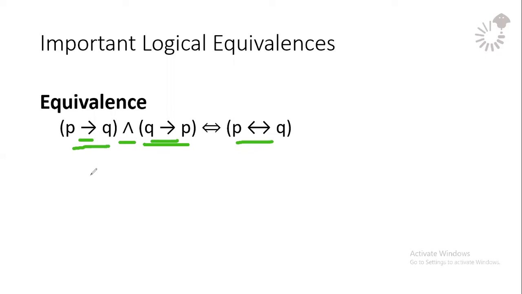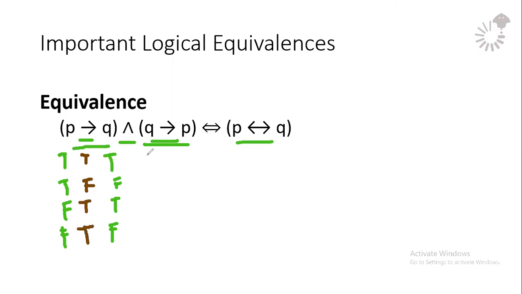So P implies Q. P is true, true, false, false. Q is true, false, true, false. Again, implication is false when the combination is true, false. The rest are true.